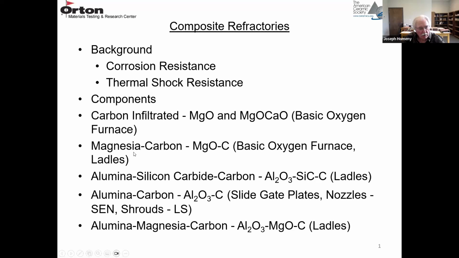These other four: magnesia carbon for basic oxygen furnaces and ladles, alumina silicon carbide carbon for ladles, alumina carbon for slide gates, nozzles and shrouds, submerged entry nozzles and ladle shrouds, and then aluminum magnesia carbon for ladles. So we'll go over the materials on Wednesday. Today we'll just go over the background for these composites and the different components that make them up.